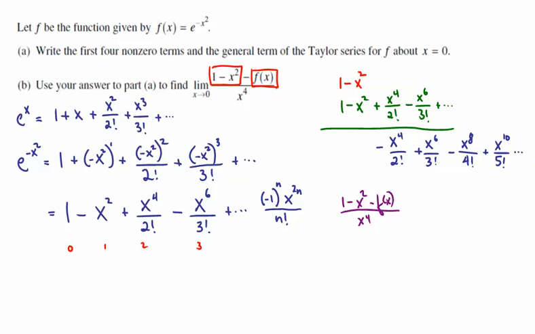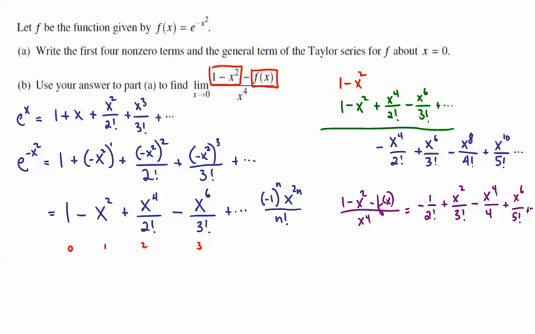Now we just want to divide each of these terms by x to the fourth, and so we'll see we end up with negative 1 over 2 factorial, then plus x squared over 3 factorial, then minus x to the 4th over 4 factorial plus x to the 6th over 5 factorial, etc.